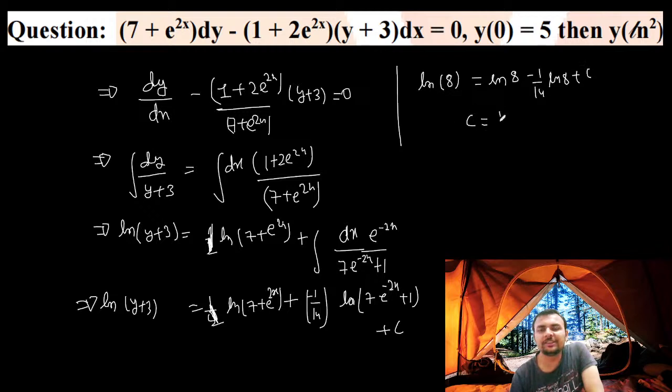So c is equal to 1 by 14 ln 8. Okay, so ln whole square. Ln whole square what? We are not given ln whole square what?